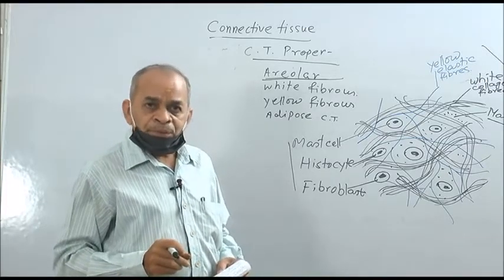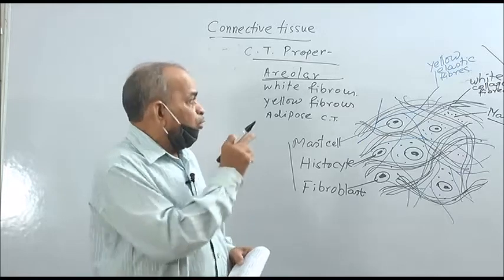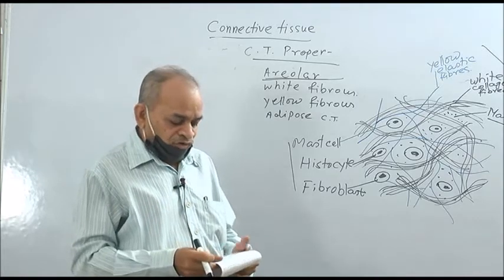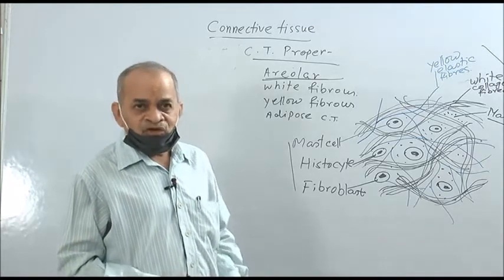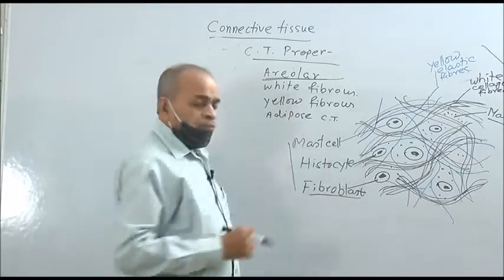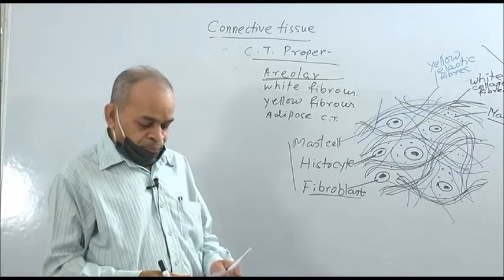They are formed of a protein called elastin, so they are known as yellow elastic fibers. That protein is known as elastin. The fibers are secreted by the fibroblasts.